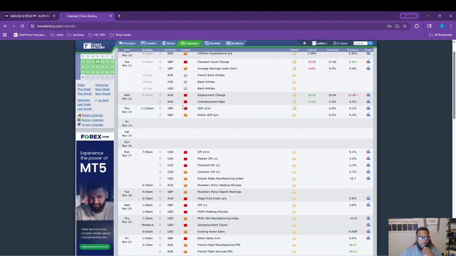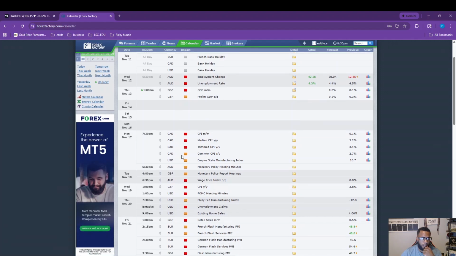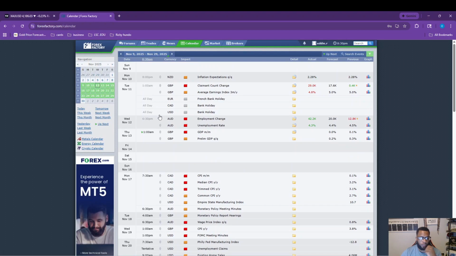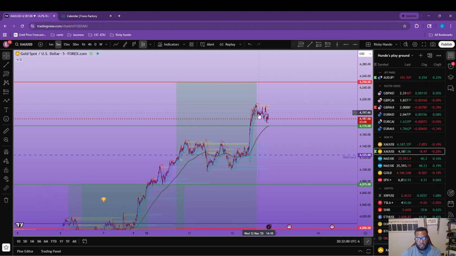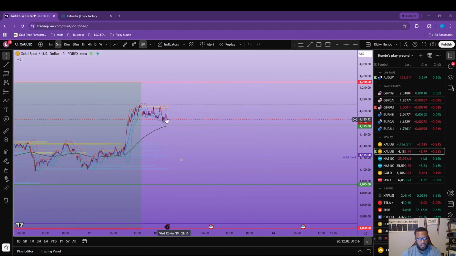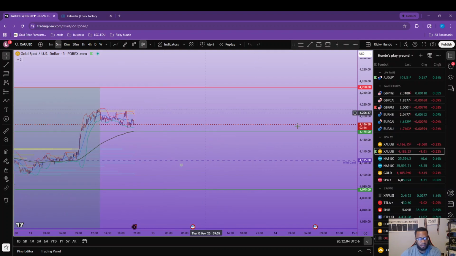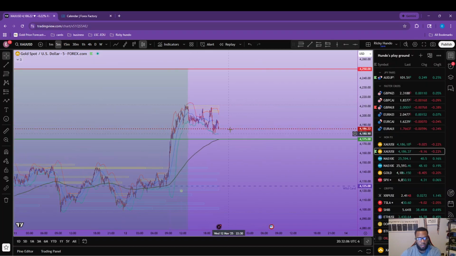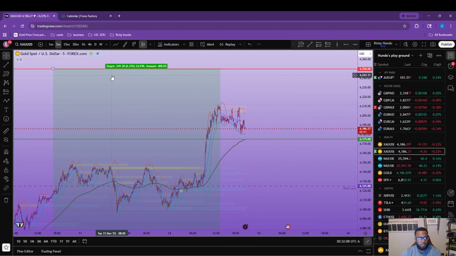When I go in here and I see what's going to be going on for the week, as you can see, this is kind of a dead week. We did have Veterans Day, and then we got bank holidays and stuff like that going on. So it's not really much momentum, and actually the market is reflecting that too, because it's just going sideways slash pullback, even though this happened this morning.